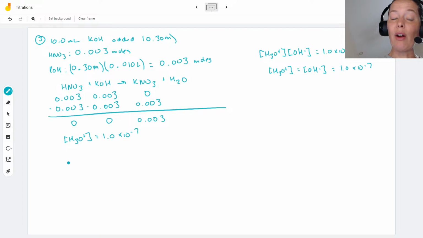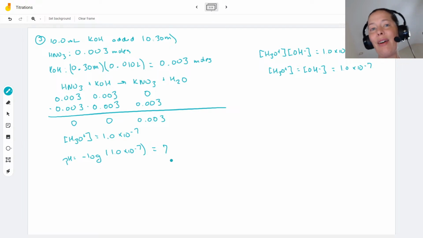So to calculate our pH is simply the negative log of our concentration, and that equals 7, which you probably could have said from the get-go because we have a neutral solution. We've just got pure water, and of course the pH is 7.